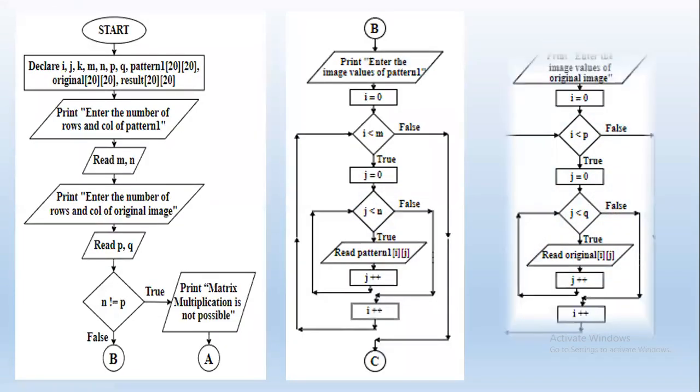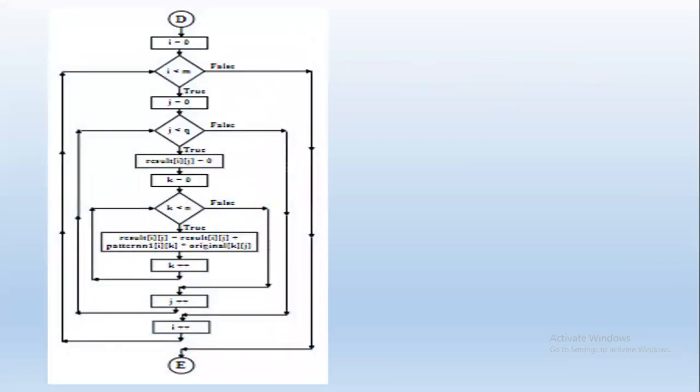So we have the first three parts, take input for pattern and original. Next, we have the loop here. Outermost loop is for I, then inner loop for J, innermost loop for K, within which we have written result of Ij equal to result of Ij plus pattern of Ik into original of Kj.